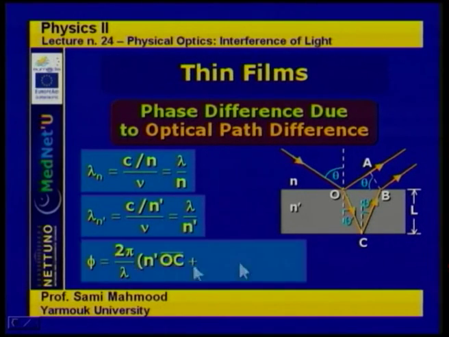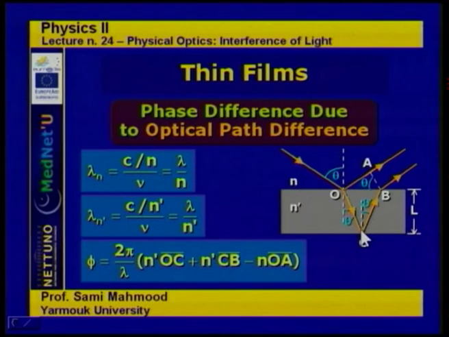And now we calculate the optical path difference, and we divide it by the wavelength lambda and multiply by 2 pi. That means we multiply it by k in order to translate the optical path difference as length into an angle in radians.